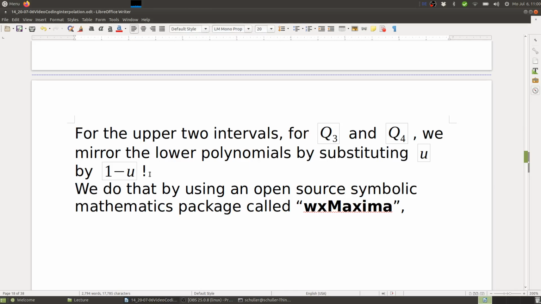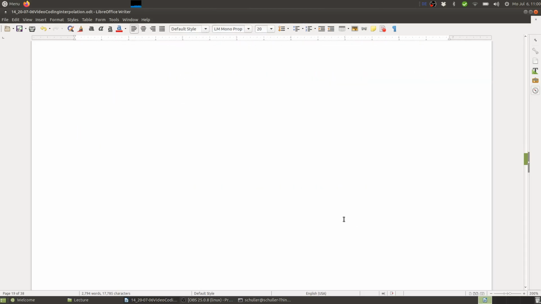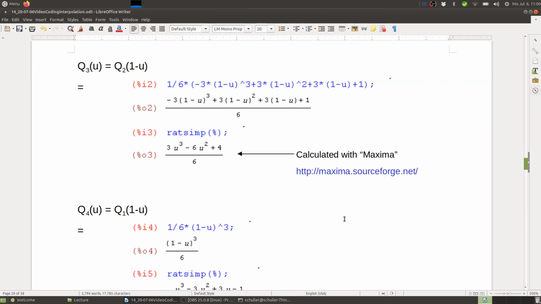So that's easier, particularly if you do this using a symbolic mathematics package called wxMaxima. So this allows us mathematical symbolic calculations.